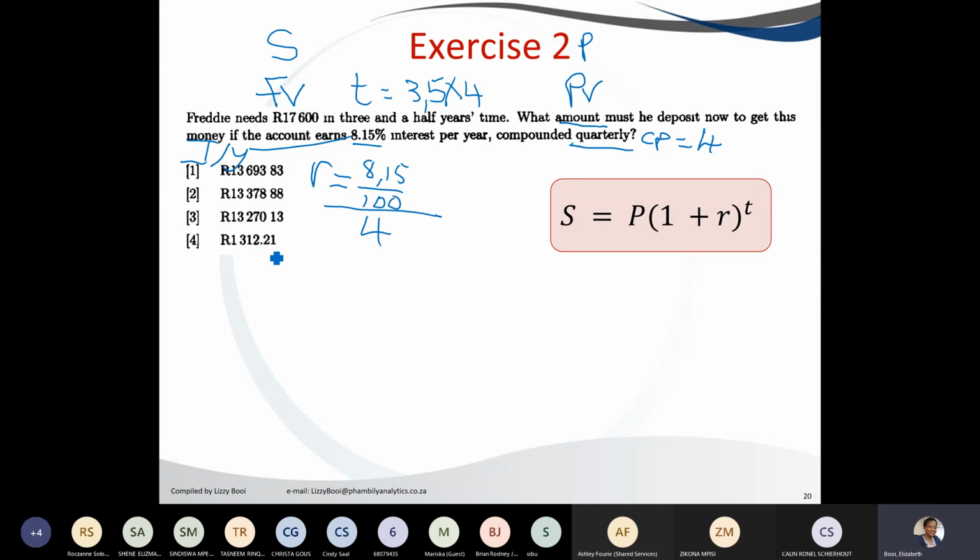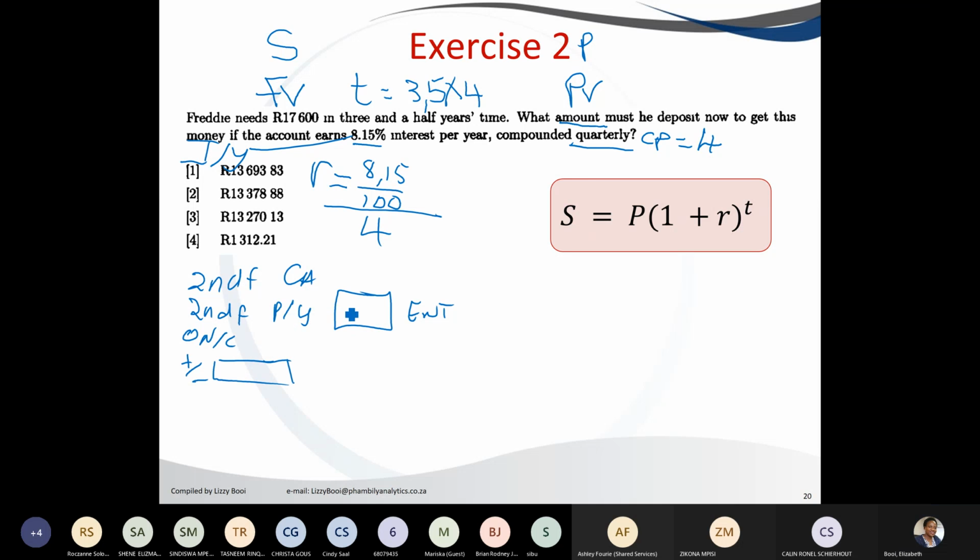Those who are calculating with the financial calculator, second function CA, second function P-Y, and you put in your compounding periods, which are 4, and you press the Enter button. Then you go on and off your calculator, and then put plus or minus. You are given the future value, so you will put in your future value.